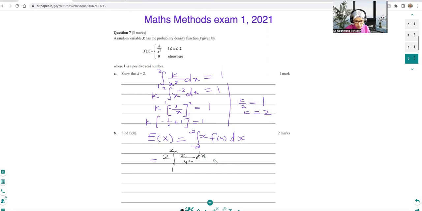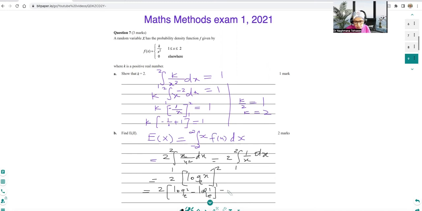That will give me 2 times the integral from 1 to 2 of 1 over x dx. That becomes easy. That would be equal to 2 log e x, with the limit from 1 to 2, and then we go upper limit minus lower limit. So you go 2 log e 2 minus log e 1.